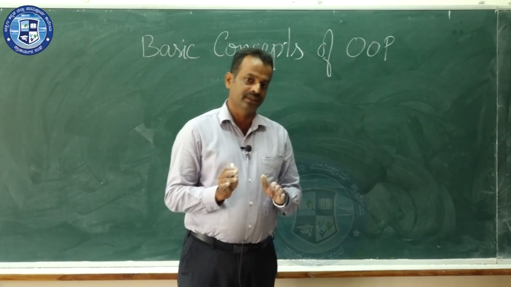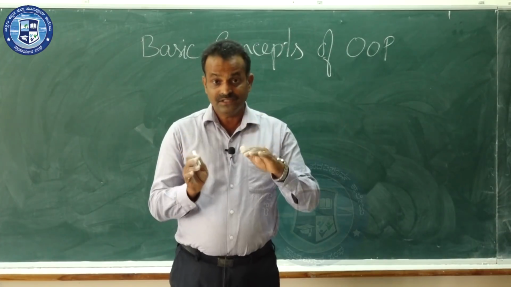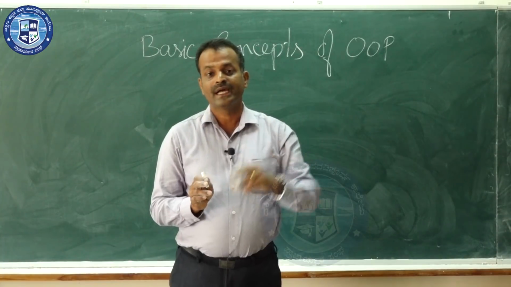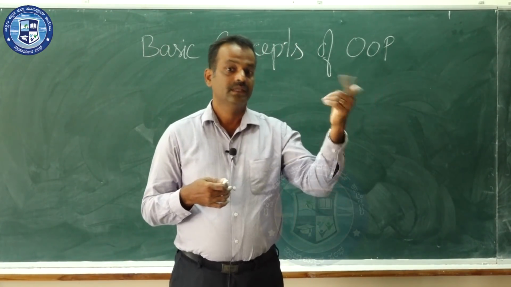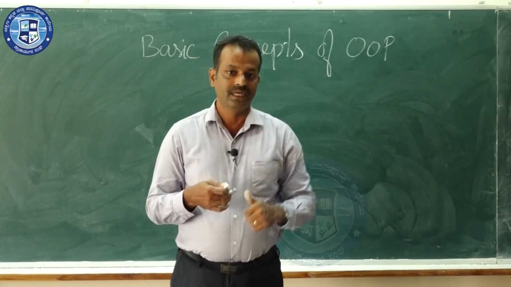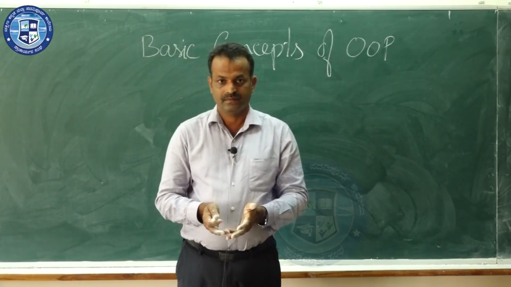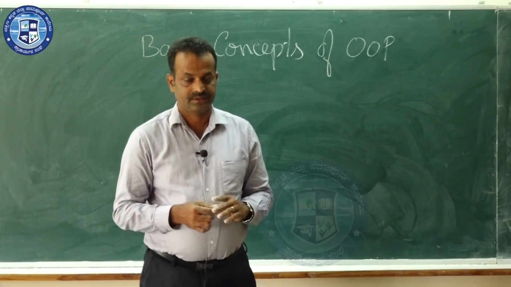Now in inheritance, the class which has been inherited is known as the base class. If I am getting the property from my parent, then my parent is the base class. And the class that has been created after the inheritance is known as the derived class.